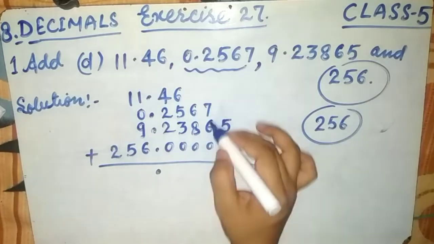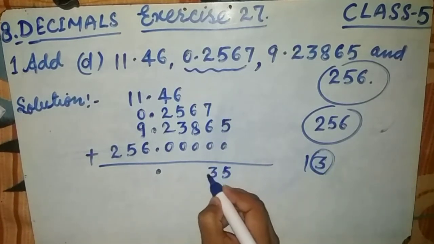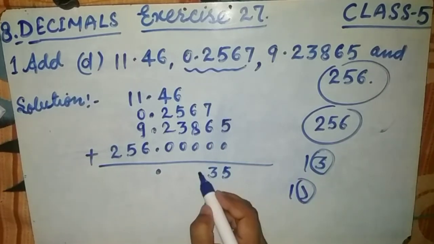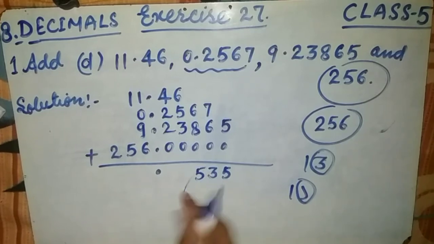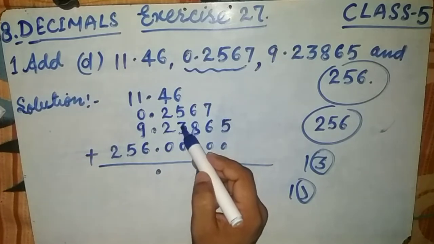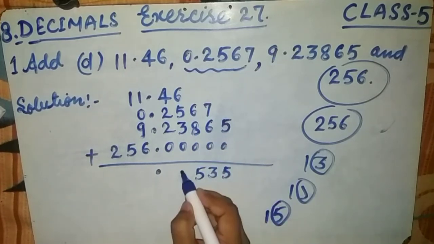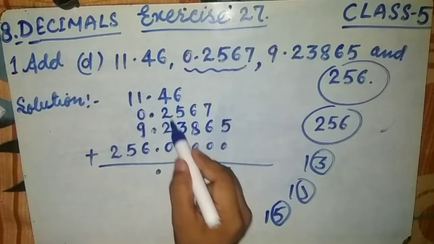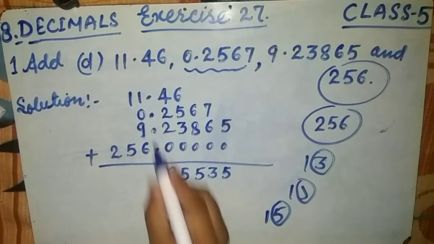7 plus 6 is 13, 1 is carried, 3 is here. 8 plus 6 is 14, plus 1 is 15, 5 is here, 1 is carried again. Now add 6 plus 5 is 11, plus 3 is 14, plus 1 is 15, 5 is here and 1 is carried. Now add 4 plus 2 is 6, plus 2 is 8, plus 1 is 9, 9 as it is, here the decimal point.